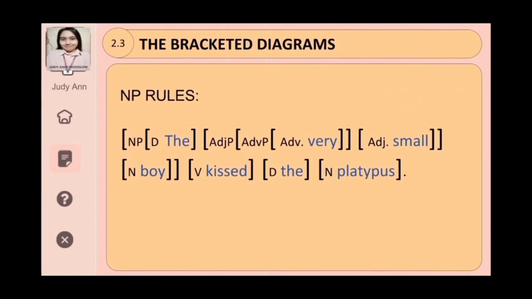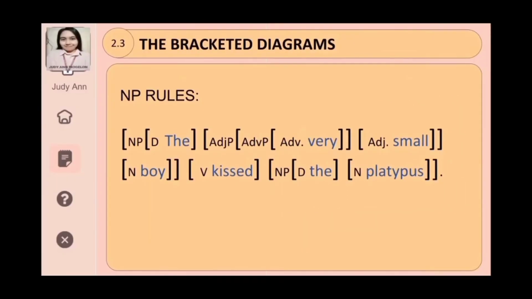After the adverb phrase and adjective phrase rule, we have the noun phrase rule. Based on the sentence, the noun phrase is the very small boy. So in bracket notation, place a bracket here and label it as noun phrase or NP. Then, since our noun phrase is the very small boy, we're going to put a bracket right here. The other noun phrase in this sentence is the platypus.